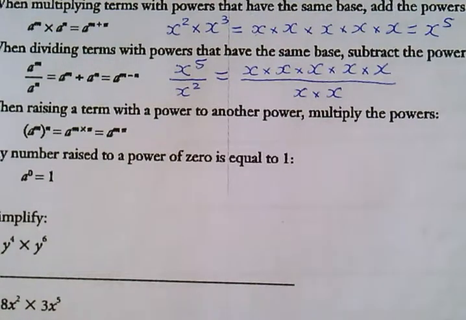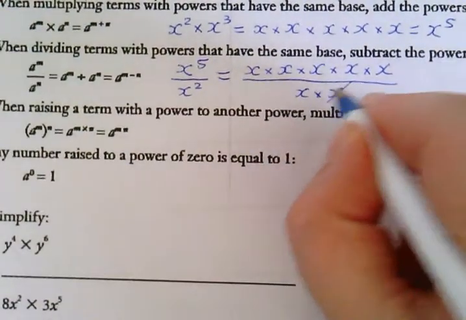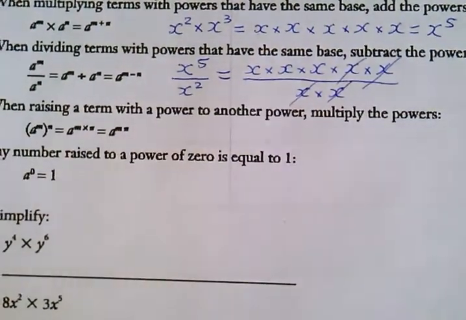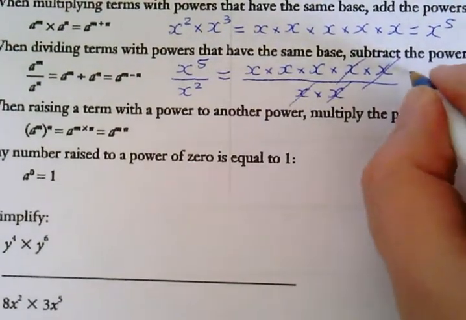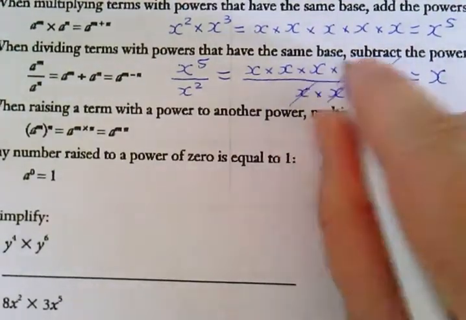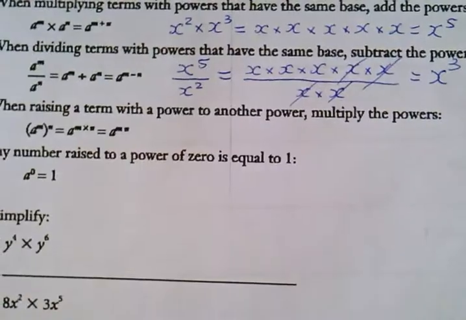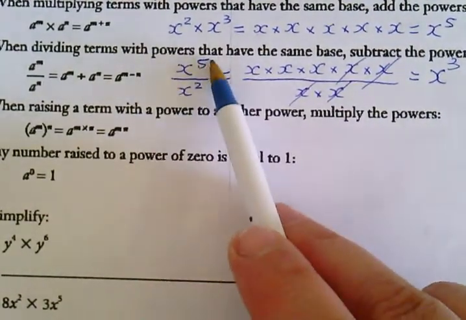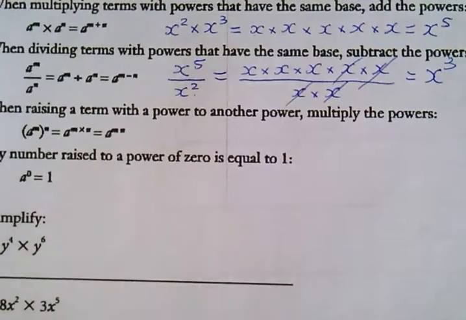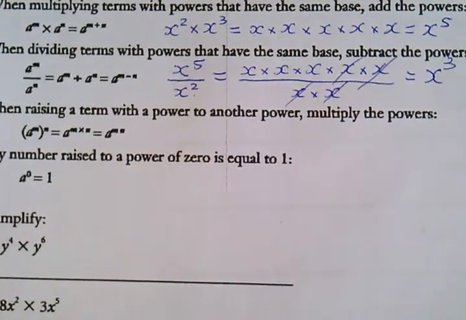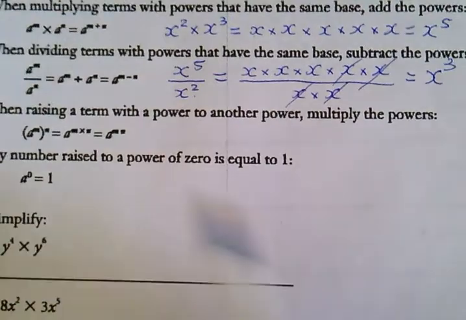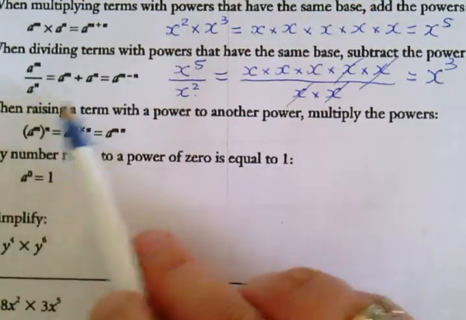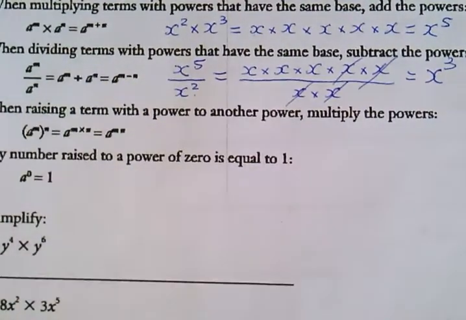Now, you know how I said if you've got multiplication symbols you can cancel? 2 x's cancel with 2 x's, and you're left with x to the power of 3. So it's just easier to say 5 minus 2 is 3. So when you're dividing terms, but the bases have to be the same, you just subtract the indices.